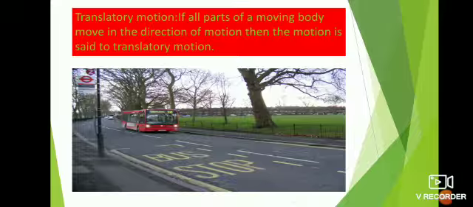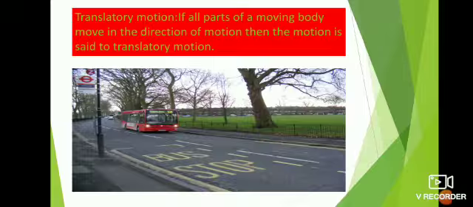Now, we see with an example. Children, you see here, a bus is going on a road and it is about to cross a tree. When the bus moves from that position and crosses the tree, all the parts of the bus, like the wheels, headlights, and windows, move along with the bus.